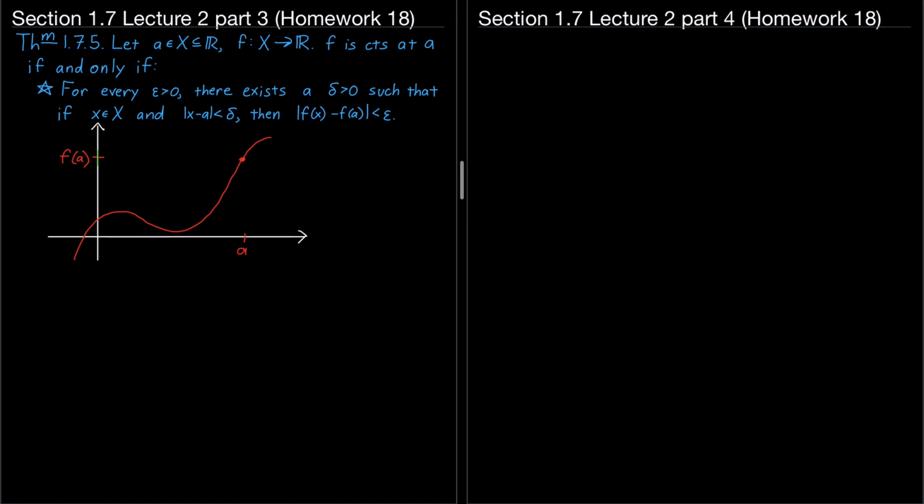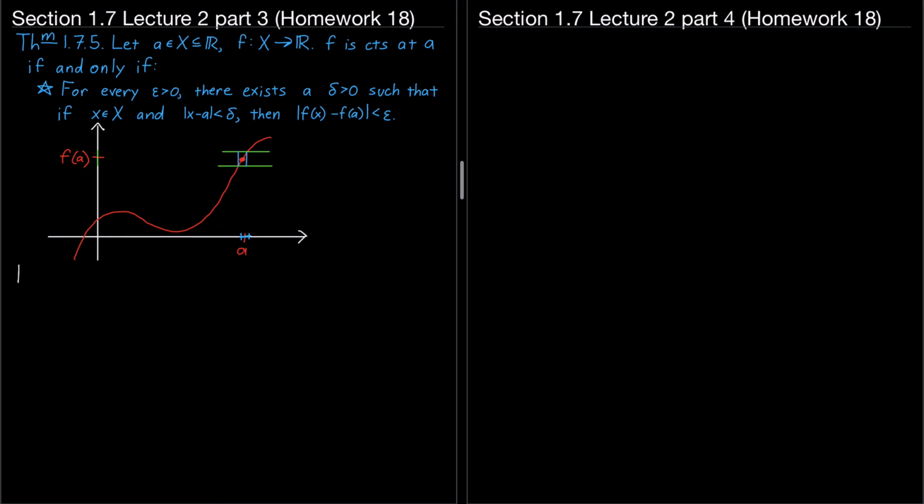So then we're forced to be within epsilon above and below f of A. And the response is that sure, we can do that by forcing us to be close enough to A. If the input is close enough to A, then the output is close enough to f of A.